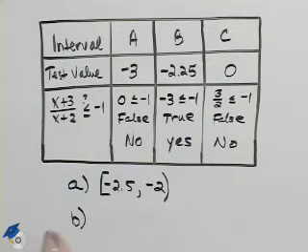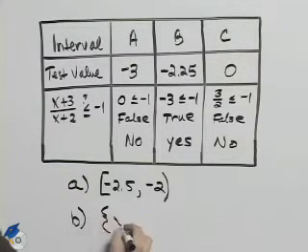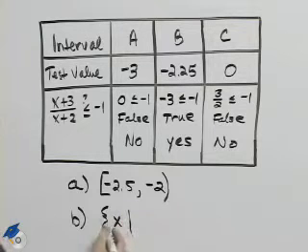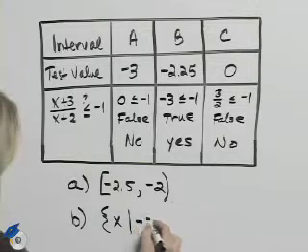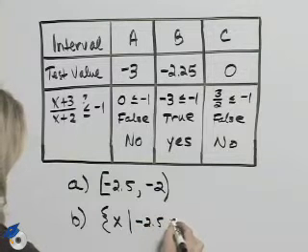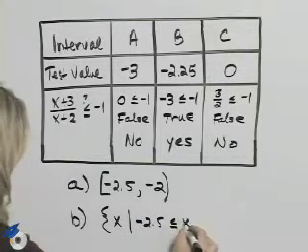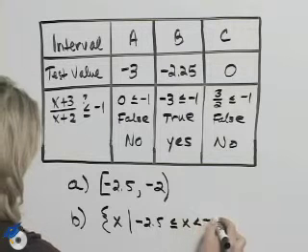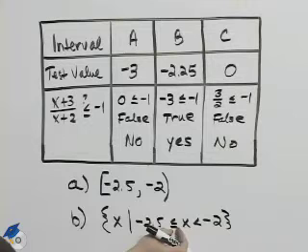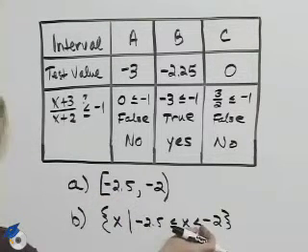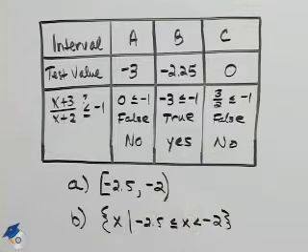For set builder notation, the solution would look like the set of x such that -2.5 is less than or equal to x is less than -2. Remember, less than or equal to is equivalent to a bracket. Less than is equivalent to just a parenthesis.